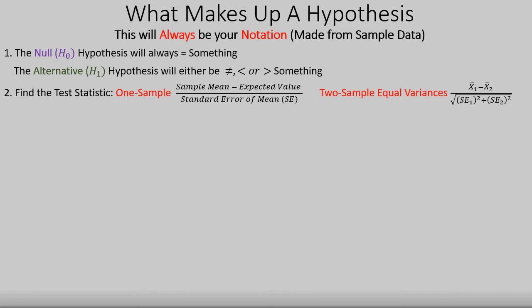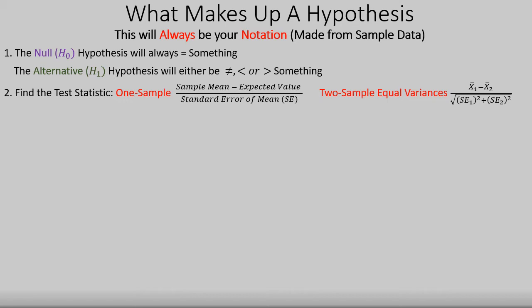And we're going to look at two ways of calculating this. And this is going to be using a one sample and two sample with equal variances. So when you have one sample, it's just simply going to be the sample mean minus the expected value divided by the standard error of the mean.